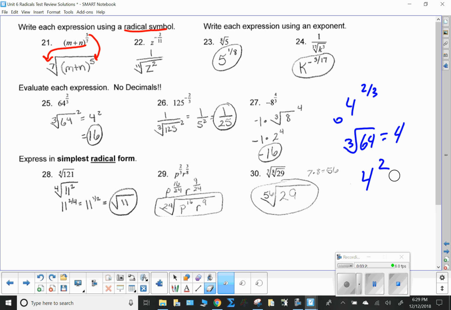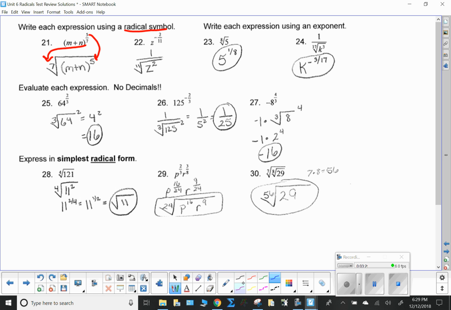Much simpler process, no calculator needed. The next one, pay attention to what you've got here. 125 to the negative 2/3. That means you've got 1 over the cube root of 125, and then you're going to square that. The cube root of 125 is 5. 5 squared is 25, so 1/25. That negative does not make the answer negative. It does the reciprocal.